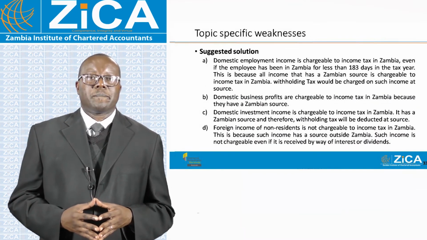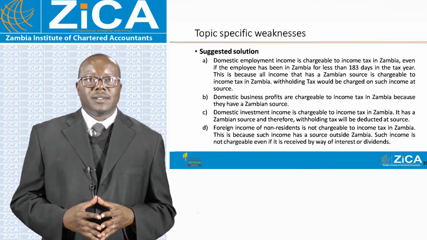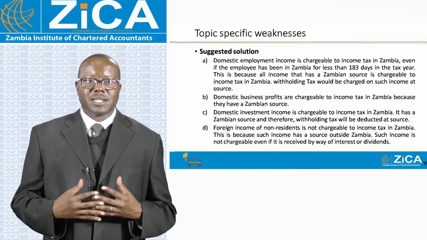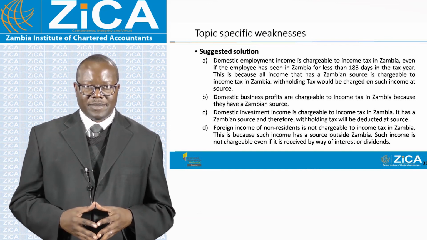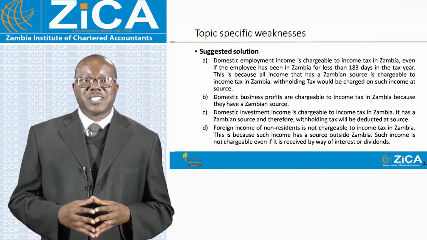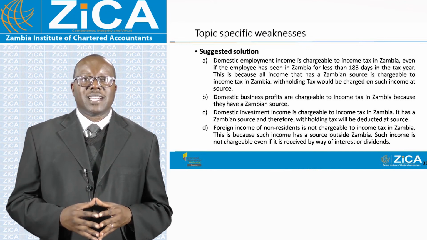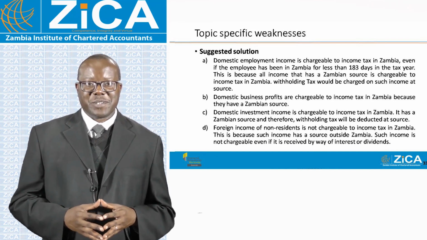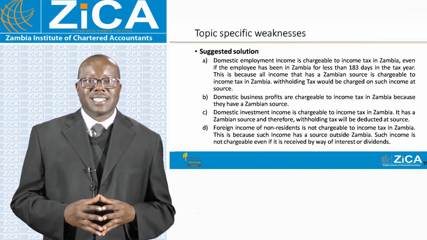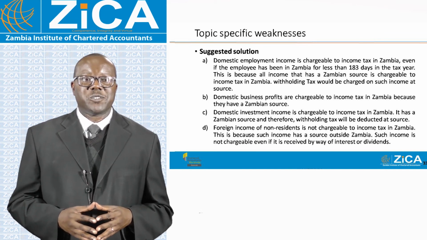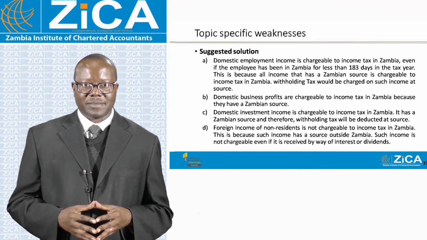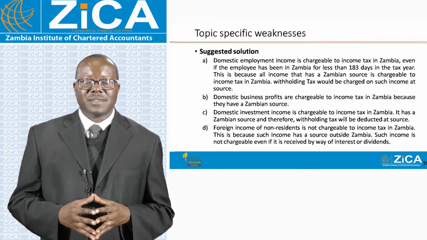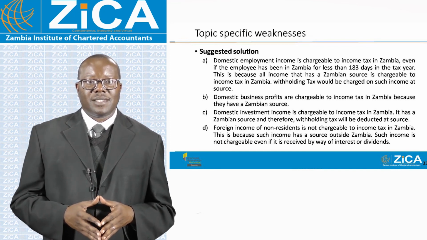Suggested solution: A. Domestic employment income is chargeable to income tax in Zambia, even if the employee has been in Zambia for less than 183 days in the tax year. This is because all income that has a Zambian source is chargeable to income tax in Zambia. Withholding tax would be charged on such income at source.